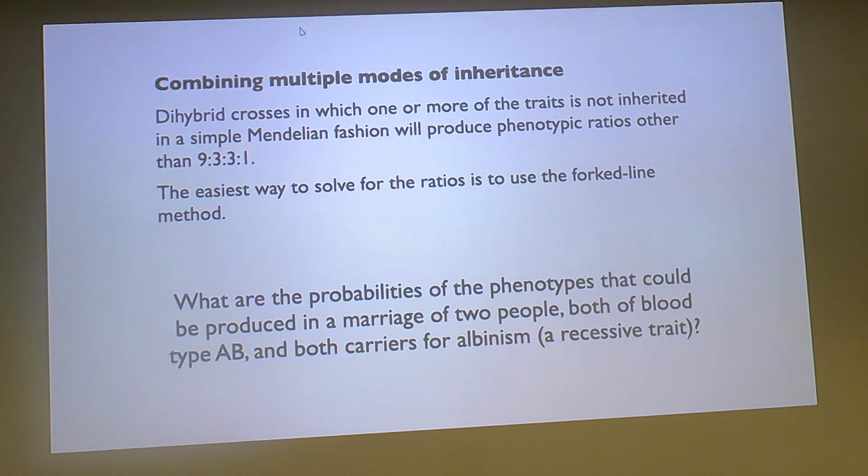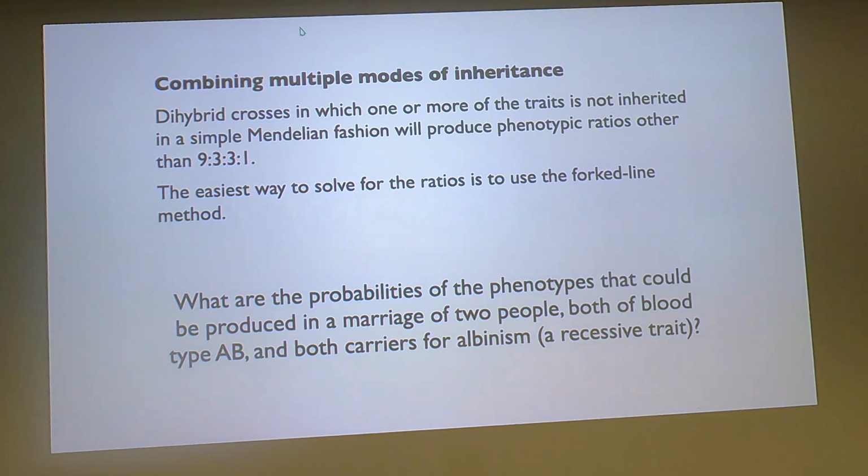All right, so the complication here is we just mentioned this one really simple monohybrid cross that produces a non-3-to-1 ratio, produces a 2-to-1 ratio. What about dihybrid crosses? We can start mixing and matching these different kinds of alleles in a single cross.